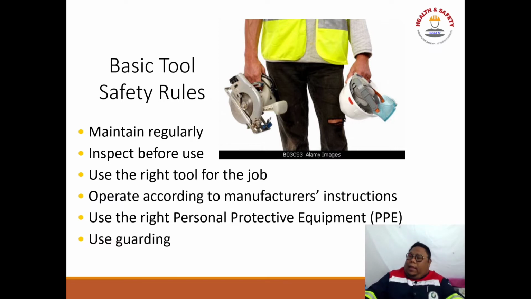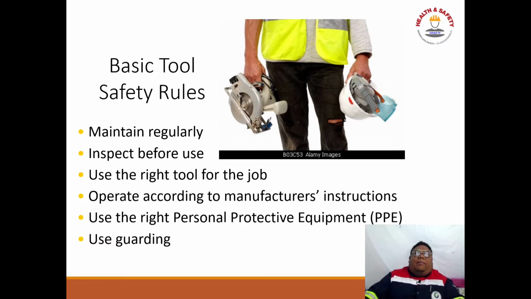Take note of this, guys. It's very important. As I have said previously, we must understand the very basic tool safety rules. If you are a safety officer, safety practitioner, or safety inspector, you must understand these basic tool safety rules.